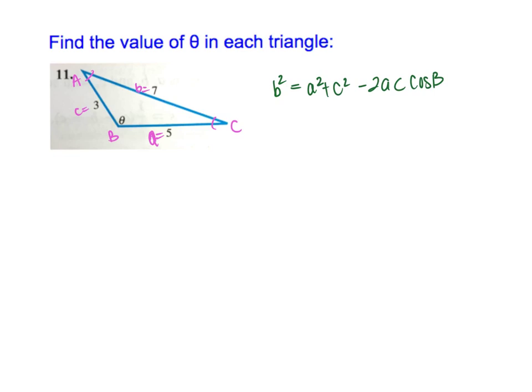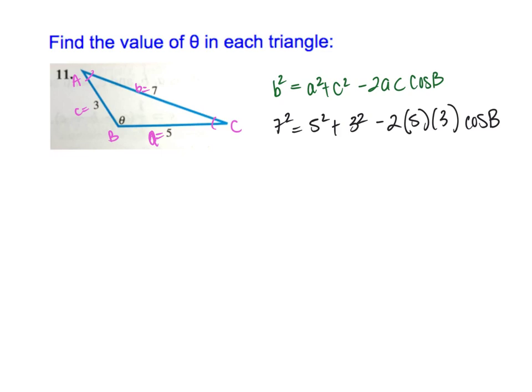So I have to solve for that. b squared is going to be my 7 squared, equals a squared, which is 5 squared, plus c squared, which is 3 squared, minus 2ac, which is 2 times 5 times 3, times cosine of B, which is just the angle.